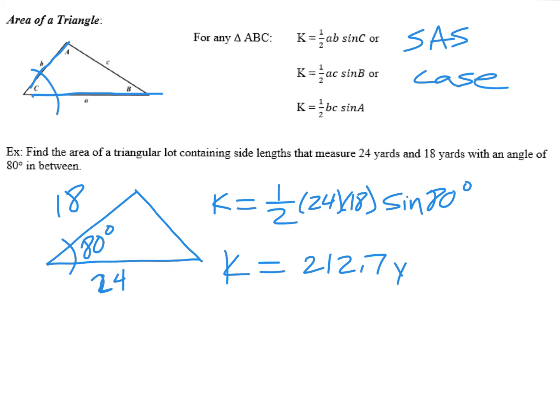Round it to the nearest tenth. It did give us the units of yards, and this is an area, so we'll say yards squared. It's a pretty doable little formula to use. It's not too bad. It's really not too bad.